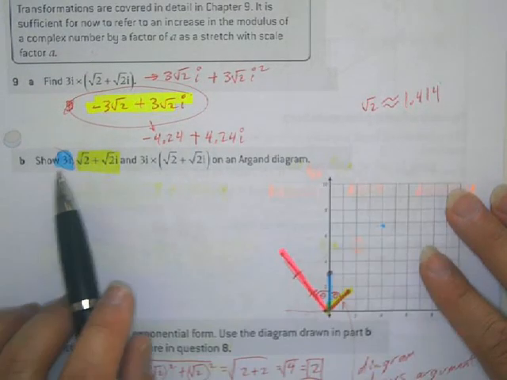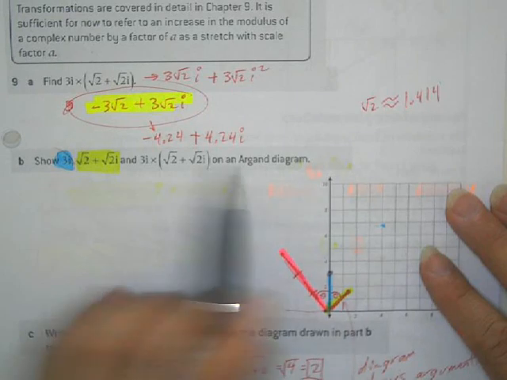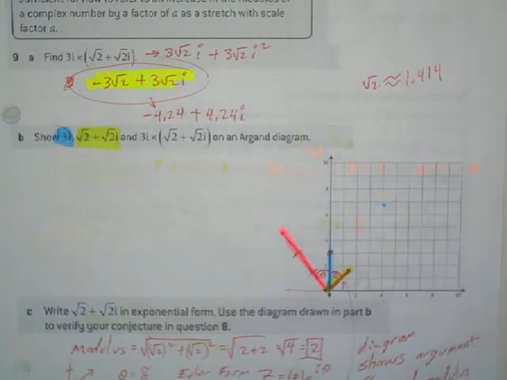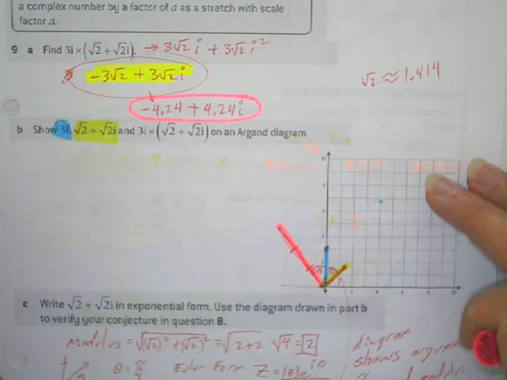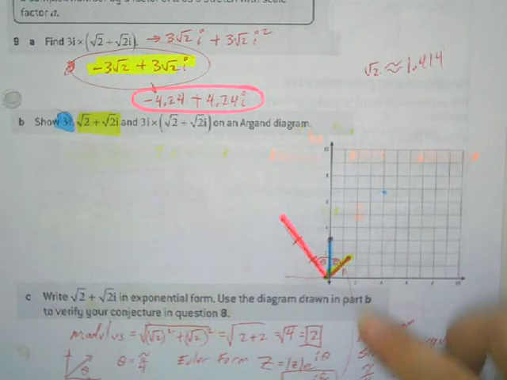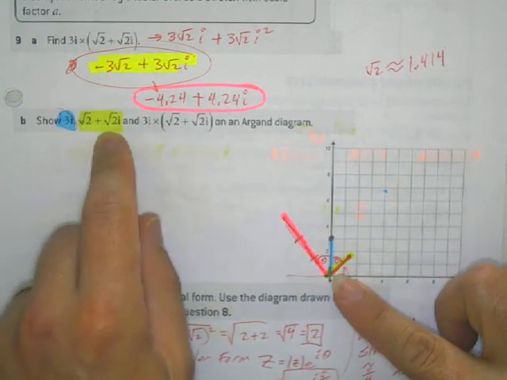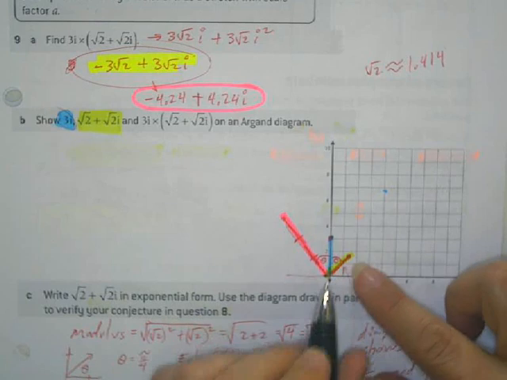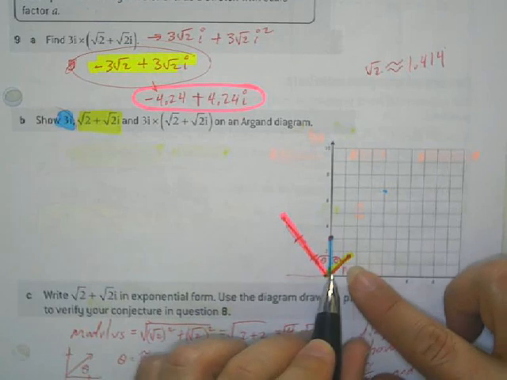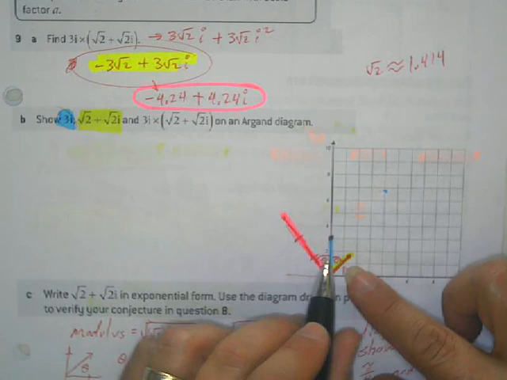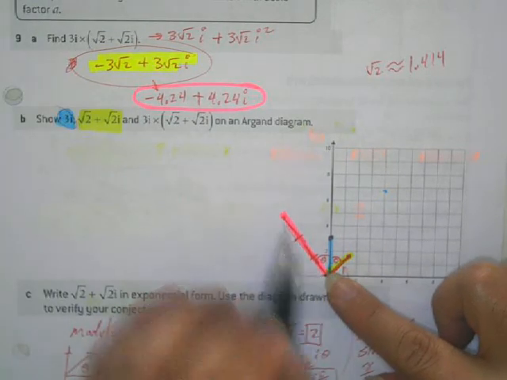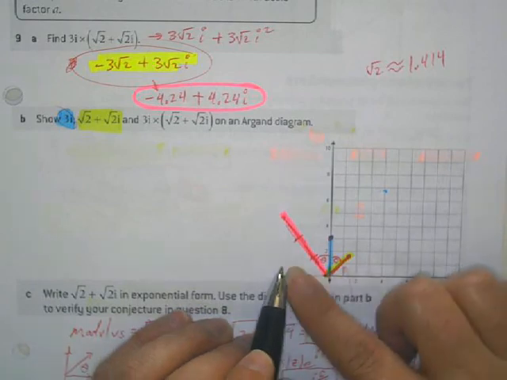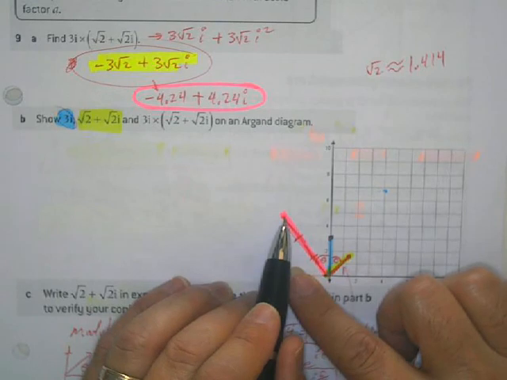So show all of these on the Argand diagram. Okay, so radical 2 plus radical 2i gives me this one here. Okay, 3i is this one here, and when I multiplied those together, we ended up with negative 4.24, and then I went up 4.24i.